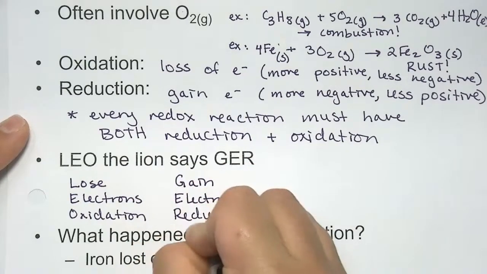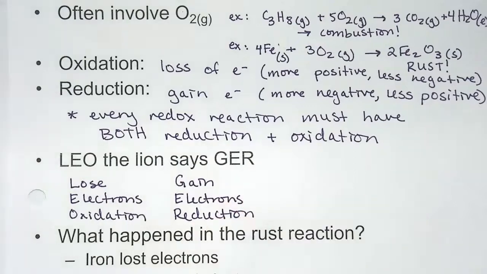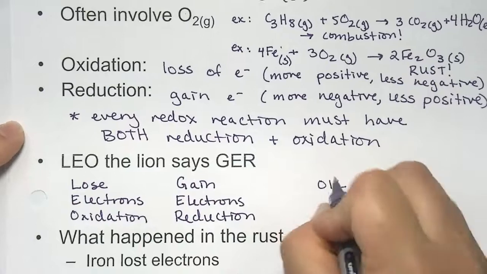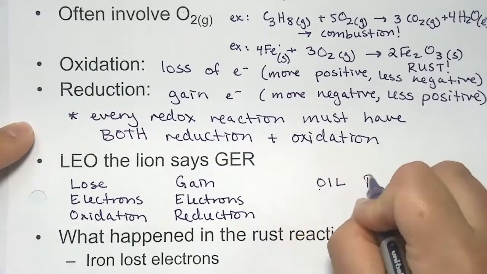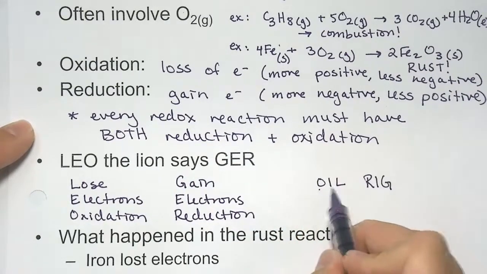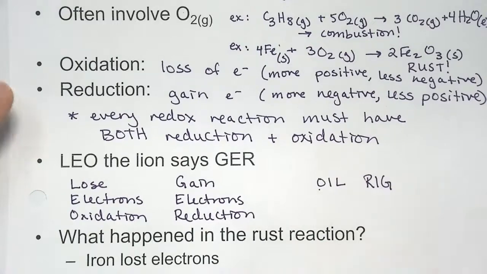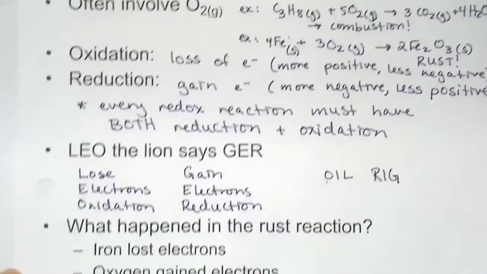And you might be like, that's so friggin' stupid. But guess what? You won't forget. And some people also like oil rig. Oxidation is loss, reduction is gain, whichever one makes sense to you. But I like Leo says grr. Your choice, I don't care. But whatever you do, just make sure you remember it.